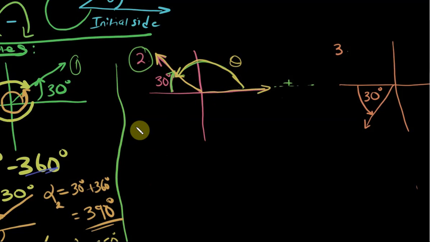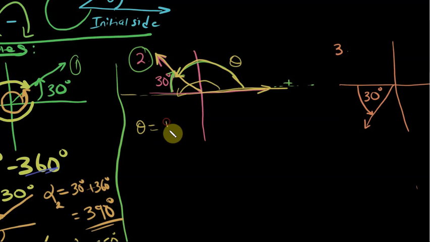So what is our reference angle? This is a straight line, and a straight line adds up to 180 degrees. So to get the reference angle, we subtract 30 from 180.